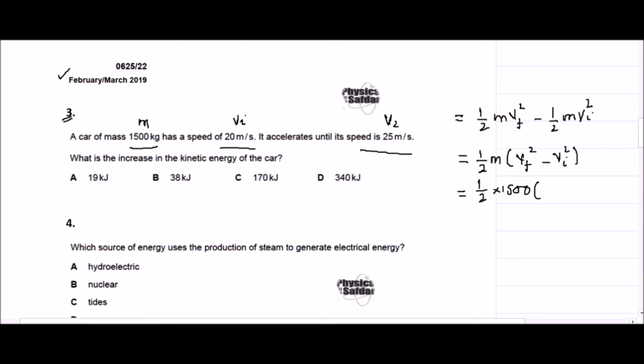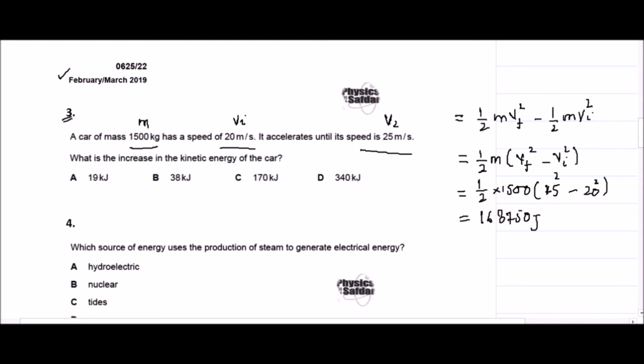Final velocity, that is 25, make it squared, minus initial velocity, that is 20 squared. After the simplification, we get 168,750. Because we measured energy, you can write joule.